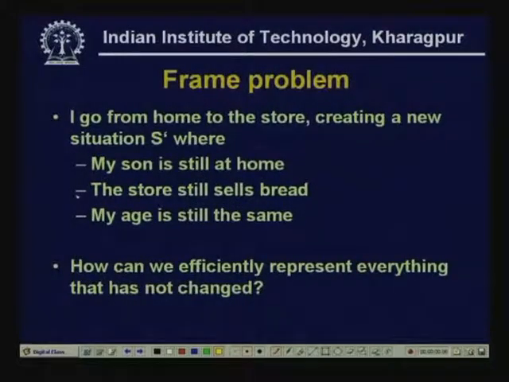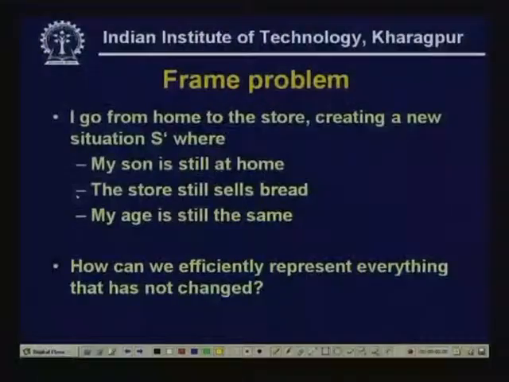This problem in AI is referred to as the frame problem. For example, suppose I am at home and there are different propositions that hold in the current situation. For example, my son is at home, the store sells bread, my age is 38, and so many other things, some of which hold in this state and some of which do not. Now suppose I execute the action go store.